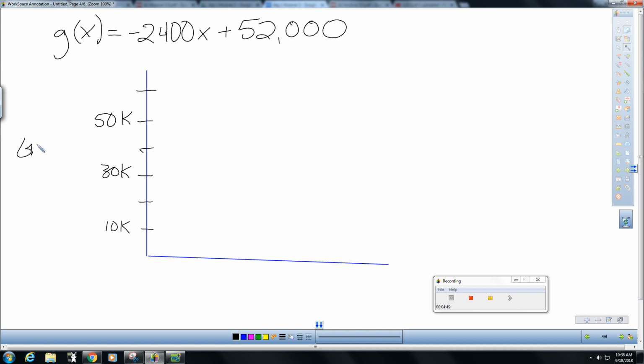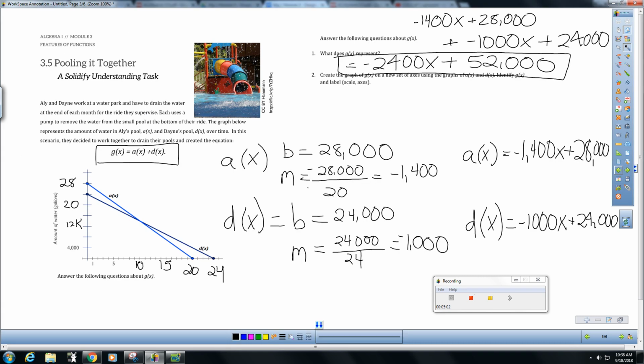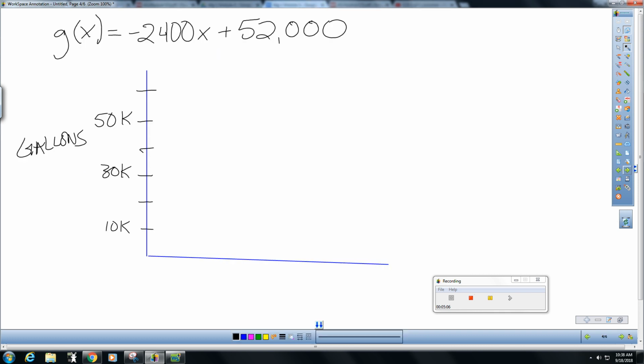And this is gallons for our unit. I think we know that both of the pools will be drained within 24 minutes. So for mine, I'm just going to go over by fives. 5, 10, 15, 20, 25.